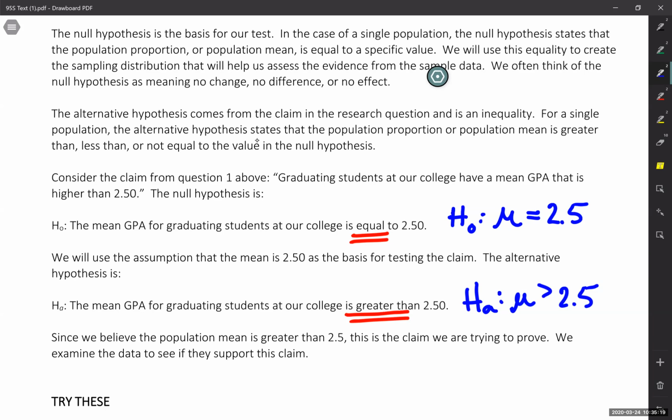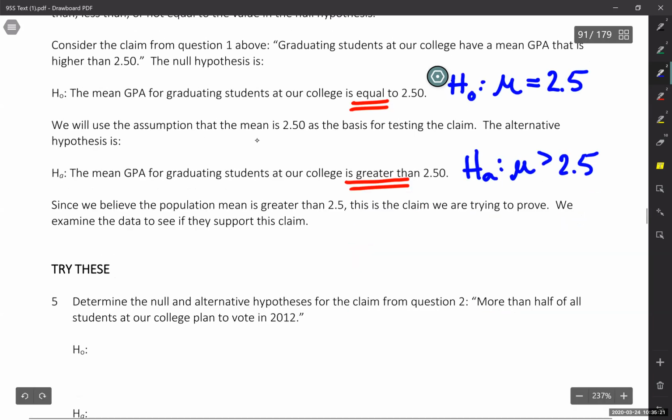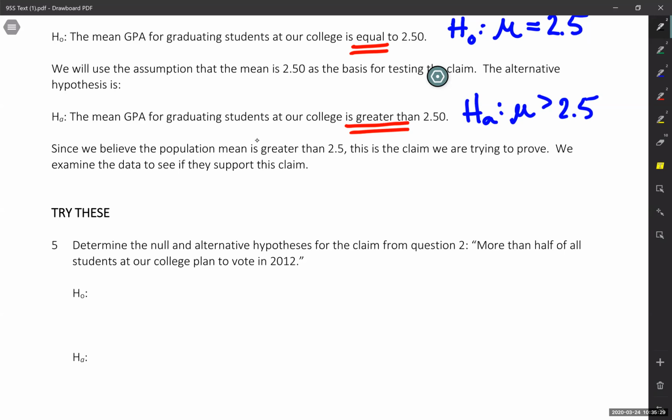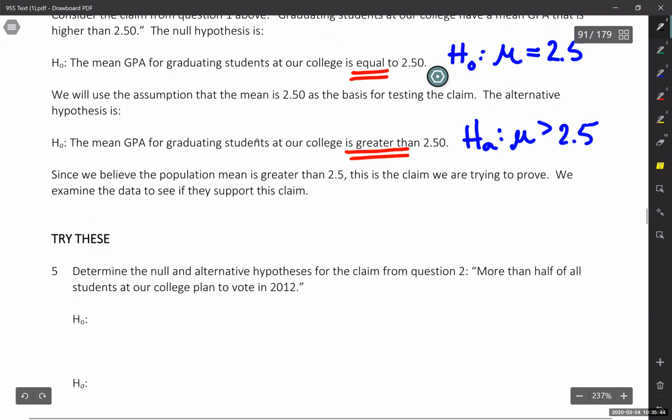Okay, so going to our question about voting. More than half of all students plan to vote in the upcoming election, 2012. And so what we need to do is rewrite this using equal to. So here we have the proportion. We already discussed this is a proportion problem.